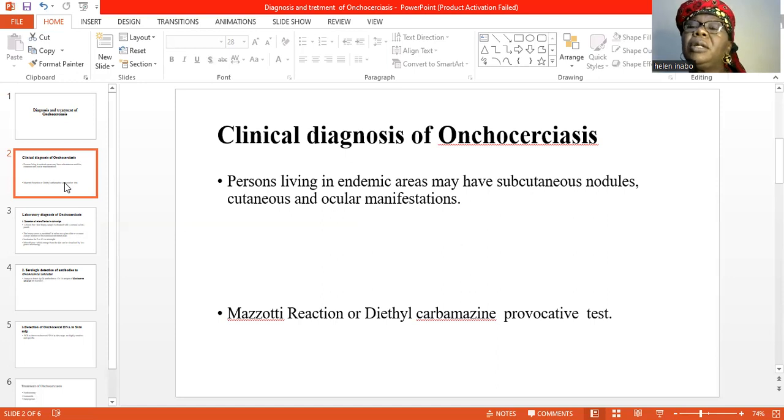So the clinical diagnosis of onchocerciasis is based on the observation of persons that are living in endemic areas who have subcutaneous nodules.